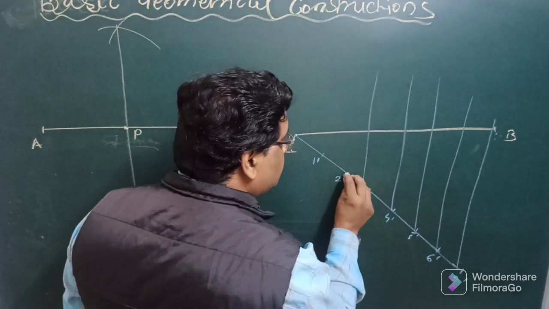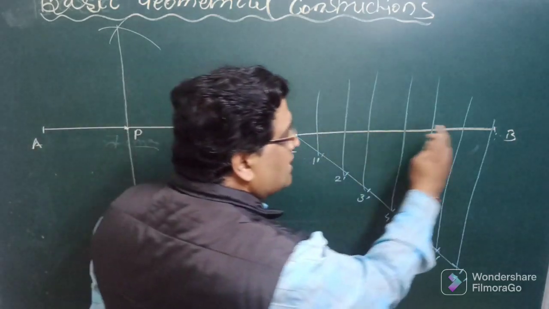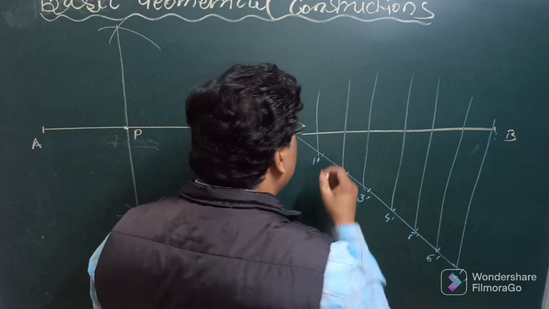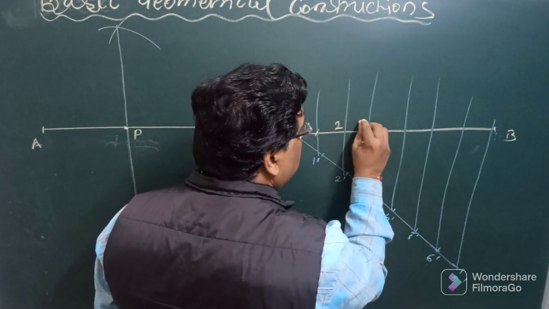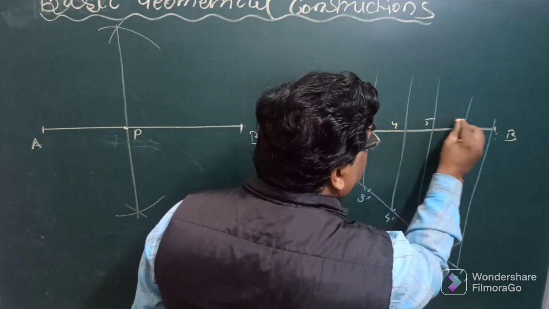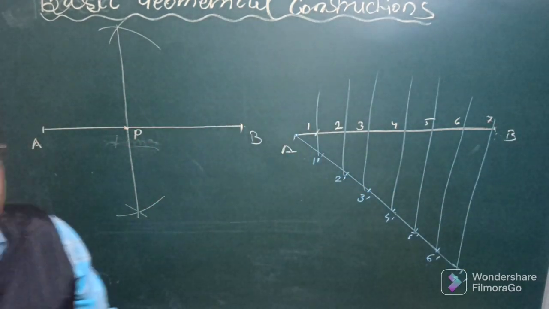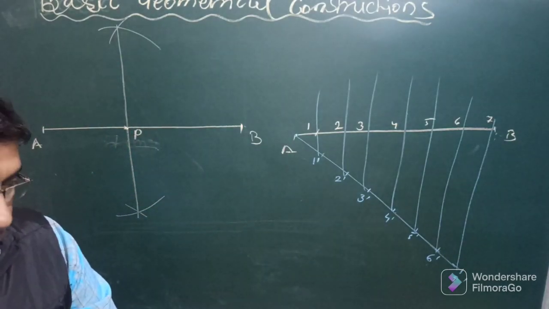Similar method. When these lines cut this actual line at some points, these points are the equal divisions of this particular line. So this will be 1, 2, 3, 4, 5, 6 and 7. So you have divided this straight line into 7 equal divisions.